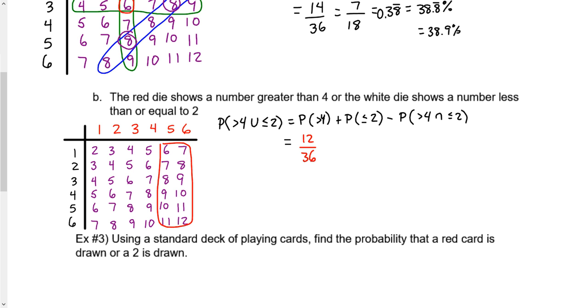If we're talking about how many times the white die shows something less than or equal to 2, we have all 12 of these options. Same number, just coincidence. And then we need to subtract how many times there is an overlap, an intersection. Well, that's those 4 there.